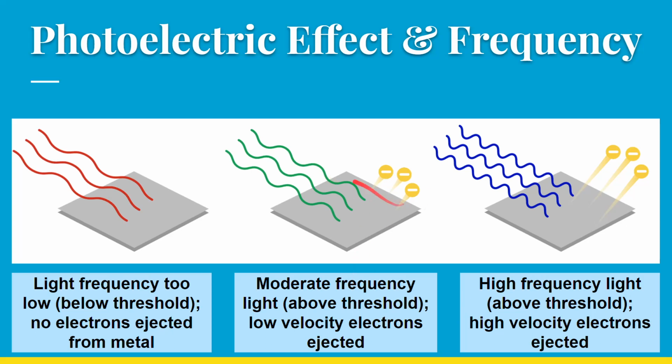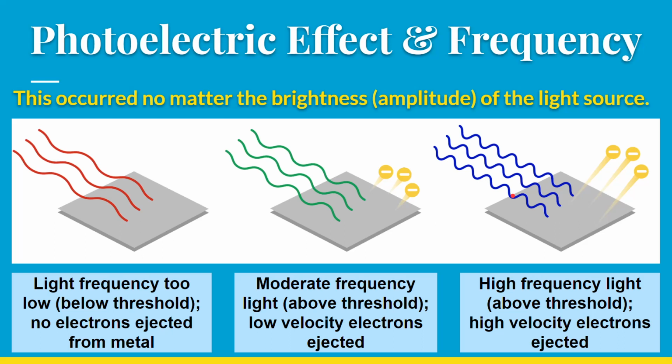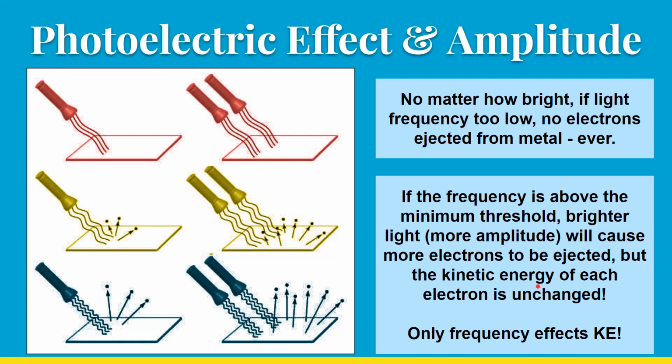And with those medium frequencies, those electrons were moving kind of slow, low velocity. As you increase the frequency to like the blue or violets, those electrons got faster. And so they recognized that the energy of the electrons was related to the frequency of the light that was shining on the plates. Okay, and this occurred no matter what the brightness was, so it didn't matter what the amplitude was, it only mattered what the frequency was.